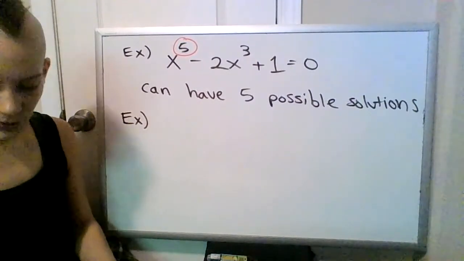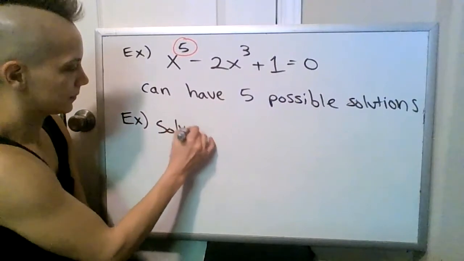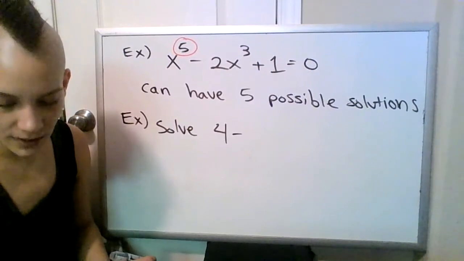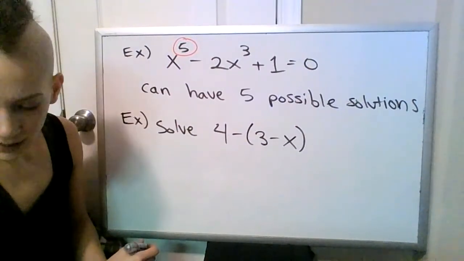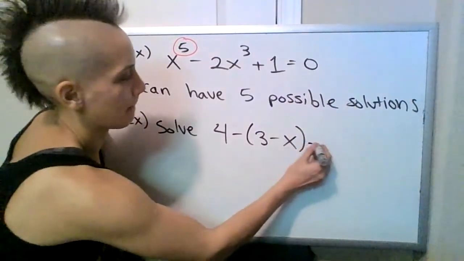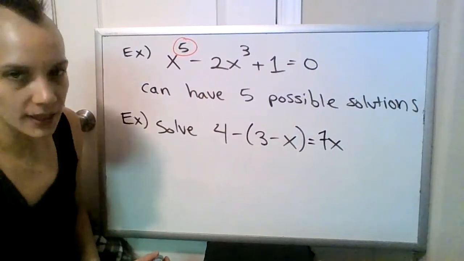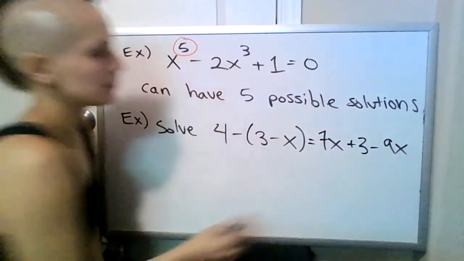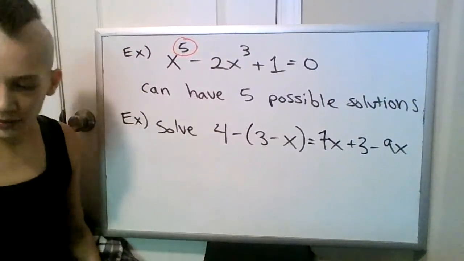So I think we're on to this problem with 4 minus parenthesis 3 minus x close parenthesis equal to 7x plus 3 minus 9x. Right, so I need to distribute that negative sign.